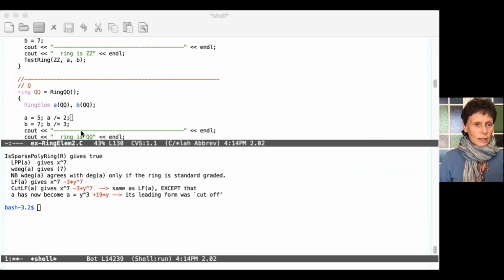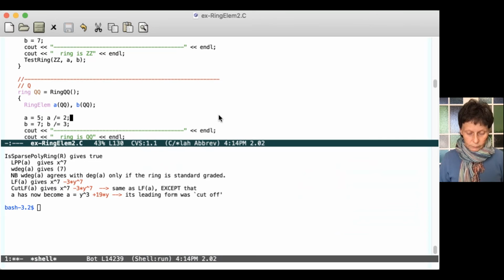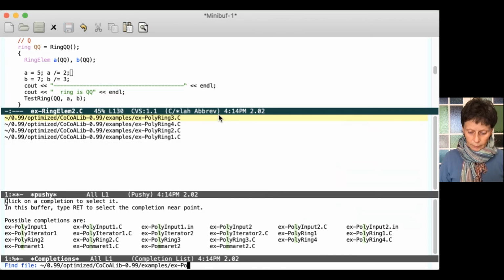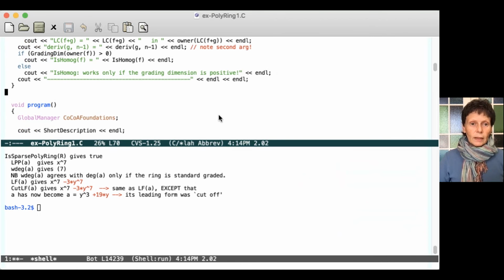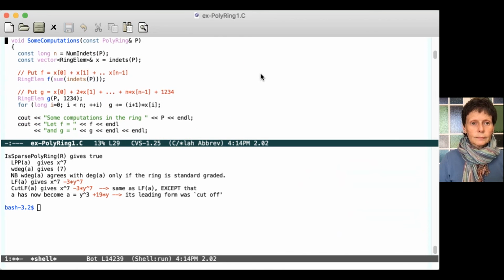Which is polyring, Polyring 1. And here we have the same structure as before.